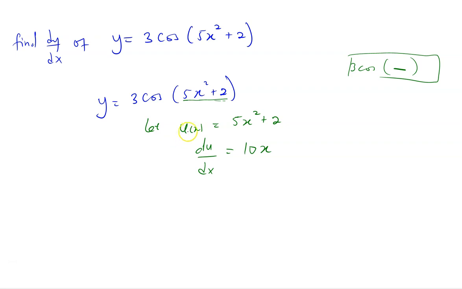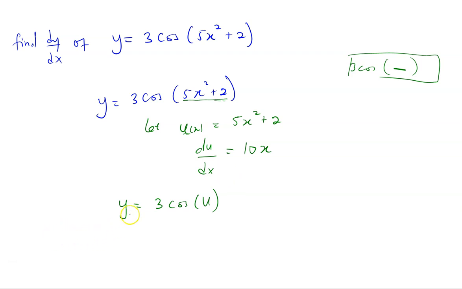So if we say that u of x is given by 5x^2 + 2, then we can say y is equal to 3 cos u. We have let u represent this function. So we found du/dx.